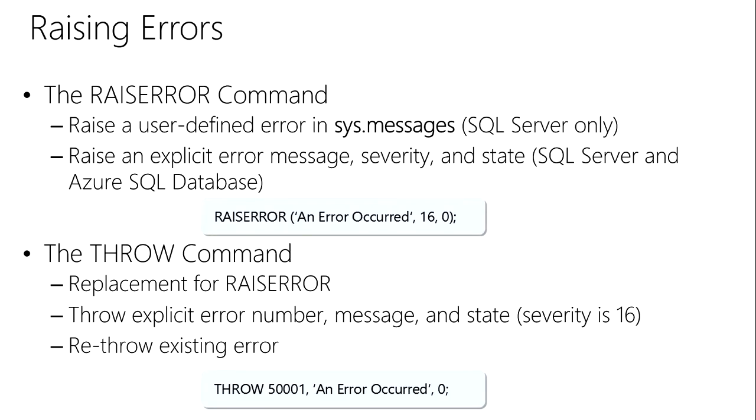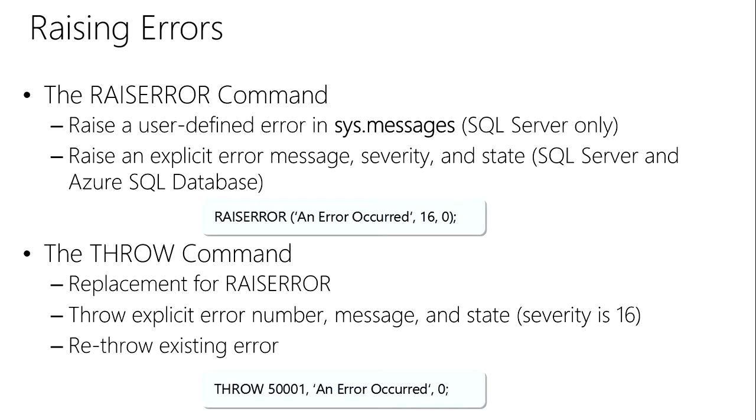You can think of this as the replacement for raise error. Raise error is still there, and it's still available in SQL Server and Azure SQL Database. But going forward, you're probably better to use the throw syntax to throw custom errors. And it lets me throw an explicit error number. I can specify the number of the error I want to throw, a message, and a state. And again, as we mentioned, the error number has to be above 50,000.